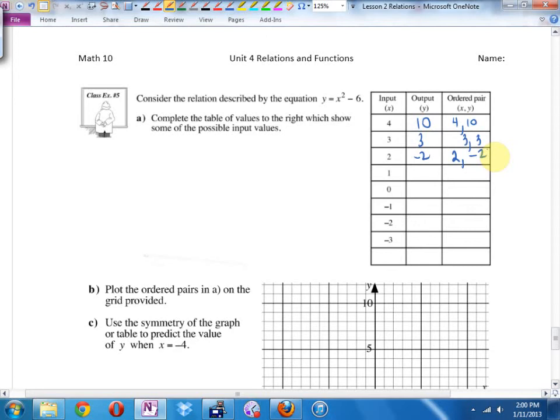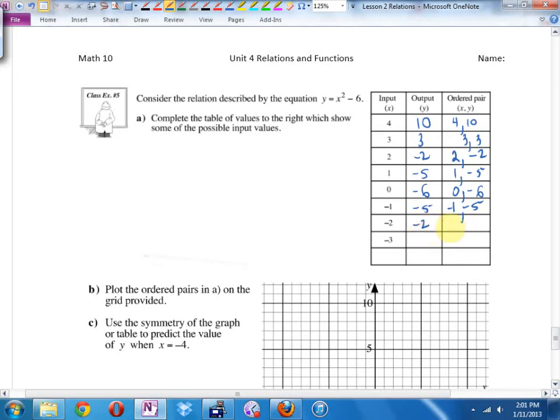What does 1 go with? Negative 5. Negative 5. What does 0 go with? Negative 6. What does negative 1 go with? Because negative 1 squared is 1 and 1 minus 5. Negative 5. What about negative 2?